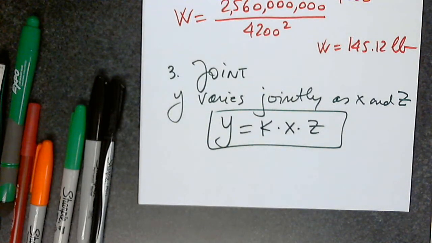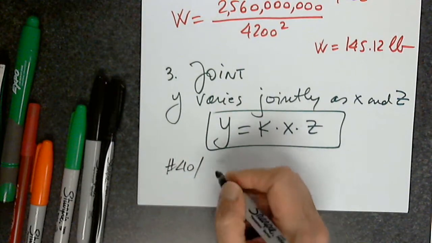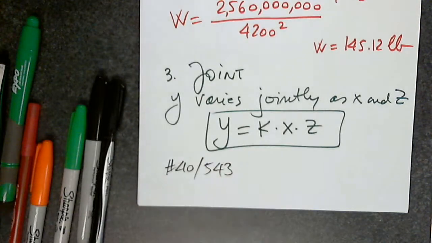So let's look at an example with joint variation. Let's look at 40 on page 543. Let's read the problem.